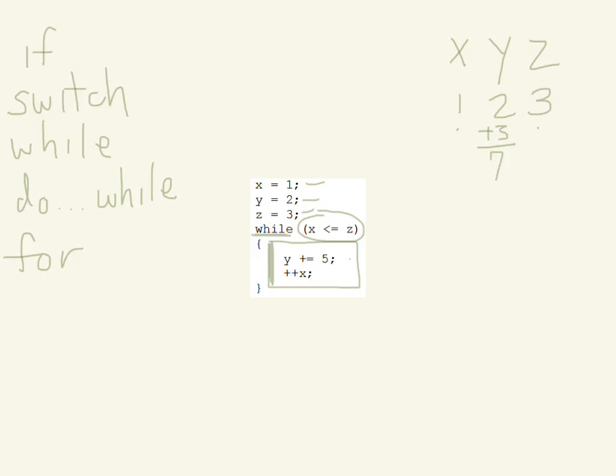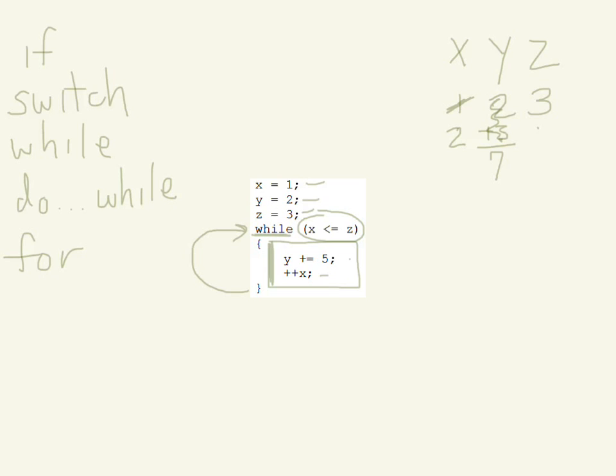So now Y has a value of 7. And then I add 1 to X because plus plus X means to actually change the value of X by adding 1. So now it's 2. So when I reach the closing curly brace of a while loop, I go right back to the while and evaluate that condition again.